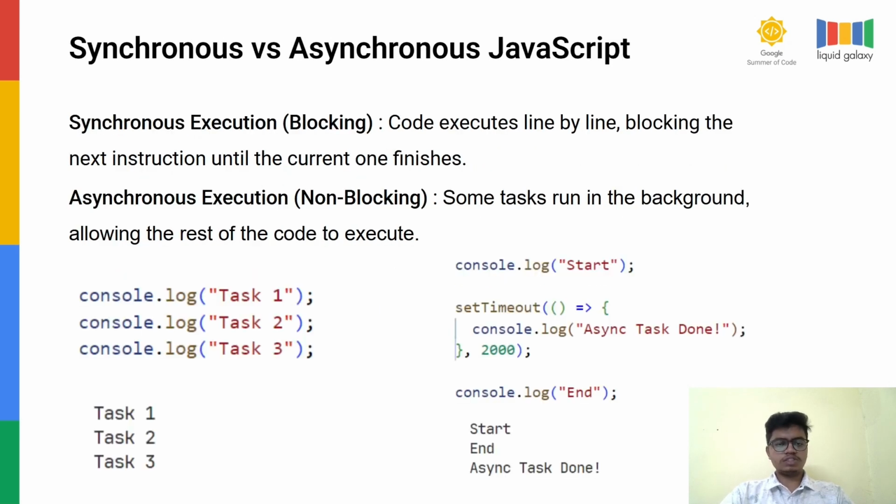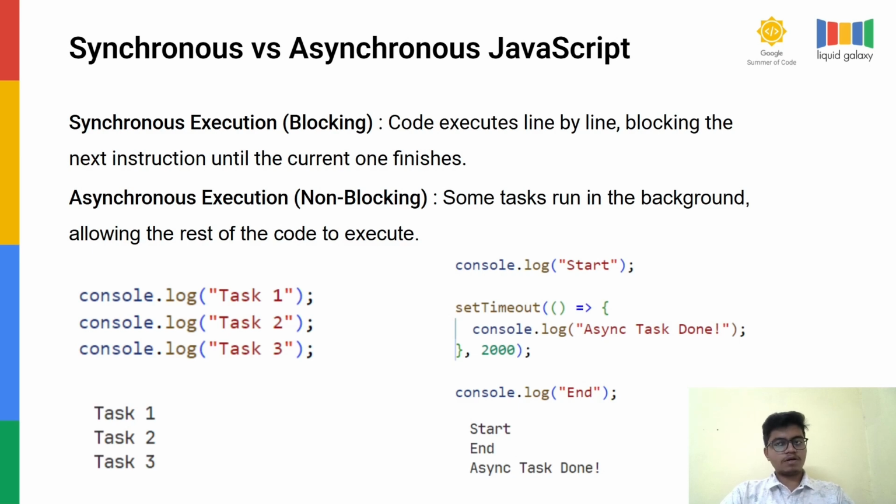Now we will see through the code how asynchronous JavaScript differs from synchronous. Synchronous execution simply means executing code line by line, meaning every task waits for the previous task to finish. But in asynchronous execution, the code runs in parallel without blocking the main thread, right? On the left-hand side, we can see an example of synchronous execution.